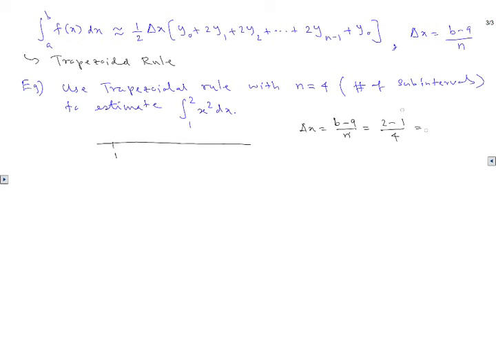So you're going to get 1/4, in other words 0.25. That's the gap of one subinterval. So it's going to start with 1, and then go to 1.25, then 1.5, 1.75, and 2. So each gap is 0.25.